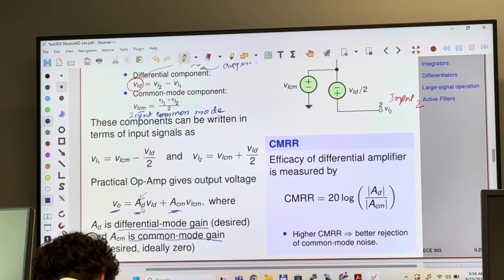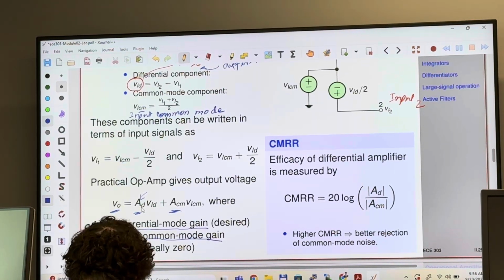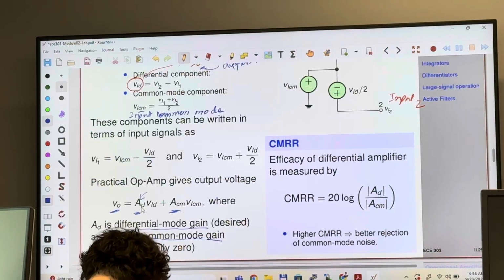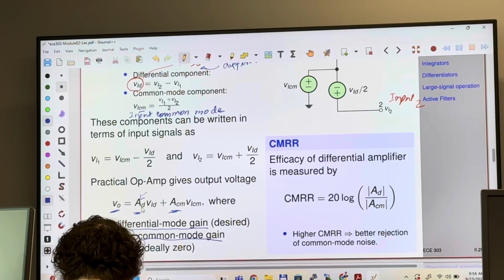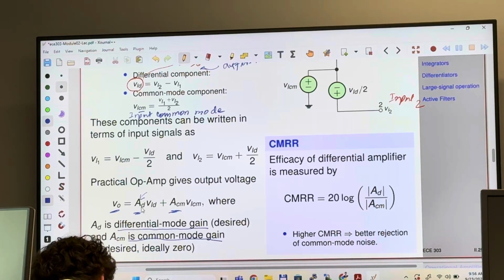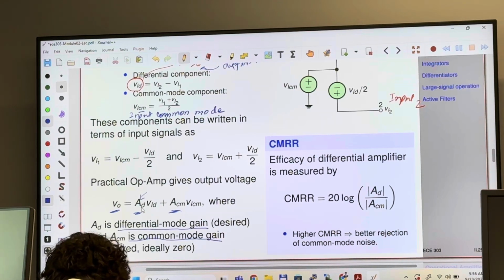And how do you evaluate the quality of the operational amplifier? How do you know that this operational amplifier is doing a good job? Okay, this difference amplifier is doing a good job. You just look at this CMRR, which is provided by the manufacturer for each op-amp. This CMRR is in dB, and the more CMRR you see, the better the op-amp.